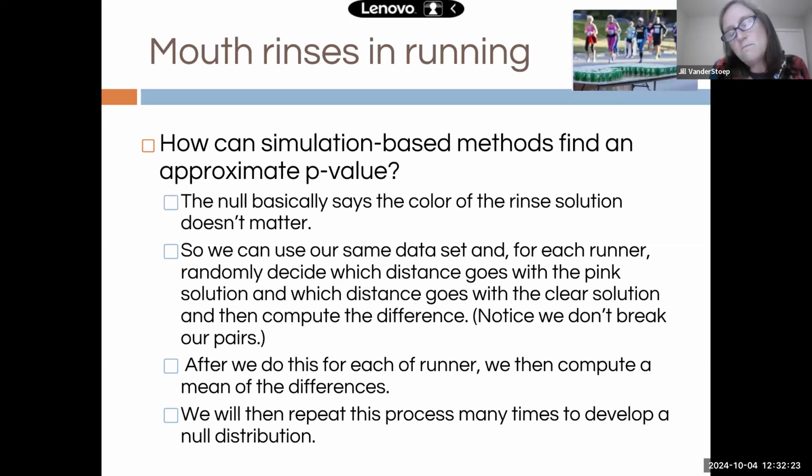So we could write the distances on cards, shuffle them up, and put them back down on either the pink side or the clear side. And one of two things is going to happen. What's one thing that could happen if I shuffle up the two distances and put them back down? Go to your chat. What's one thing that could happen? Don't hit enter yet. And hit enter.